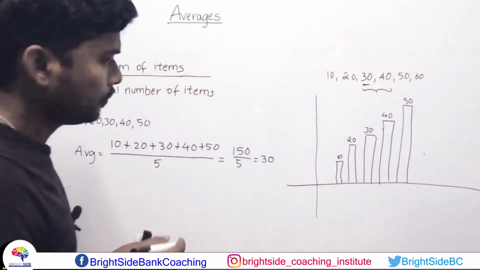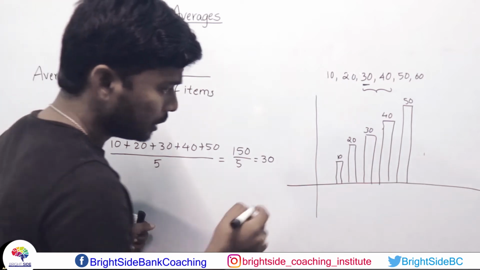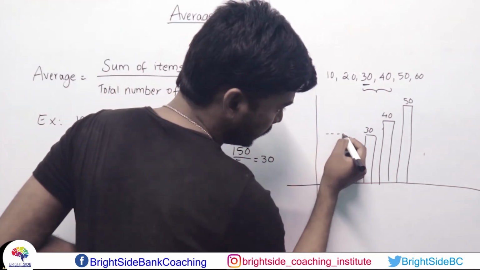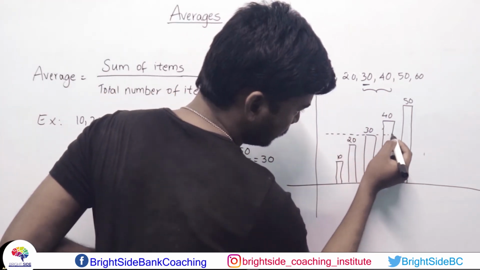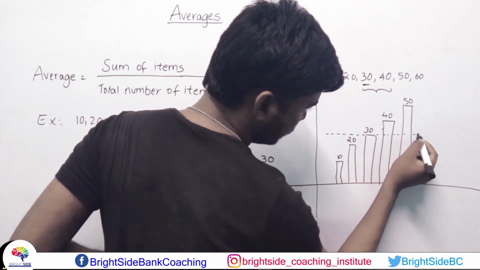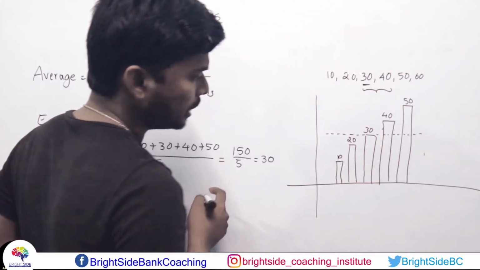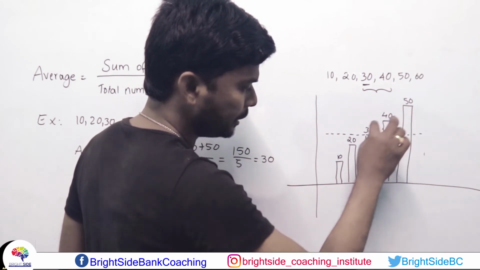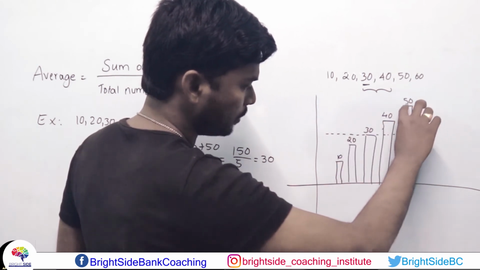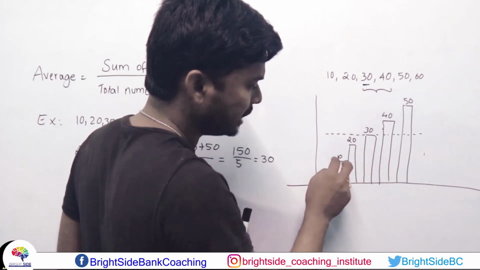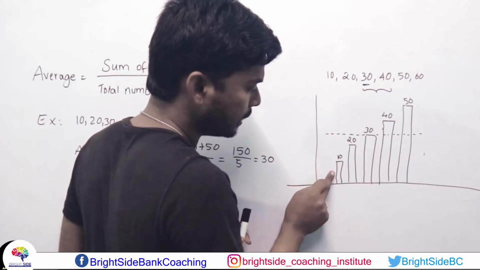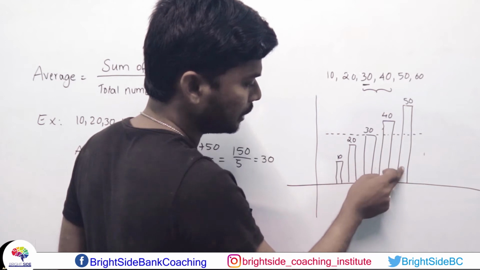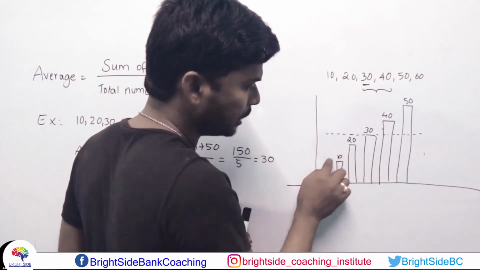Okay, so the average is 30. So that means the extra part here will be distributed over here. The extra part will be distributed over here. That is why each item will be getting 30, 30, 30, 30. Every element will be getting 30.